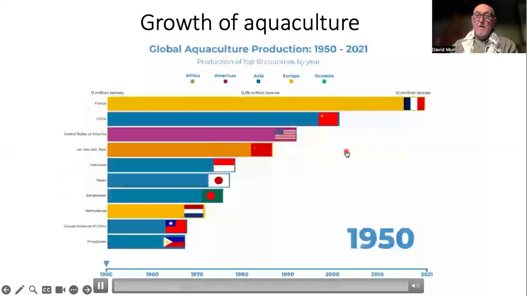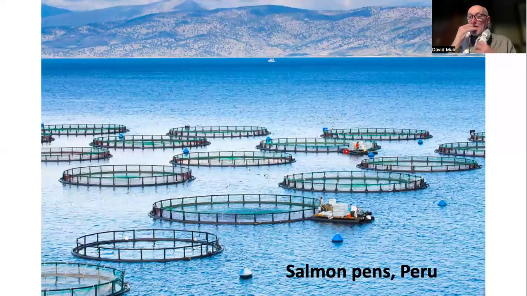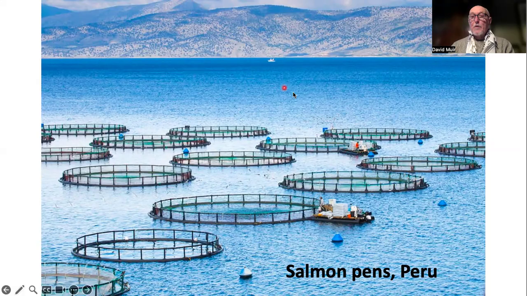So there are various ways in which this is done. Here, this is in Peru, and these are salmon pens. These are net enclosures, which are entirely enclosed, and they bring in either eggs or larval salmon. And they put them in here, and they feed them, and they grow them up, and then harvest them and sell them.